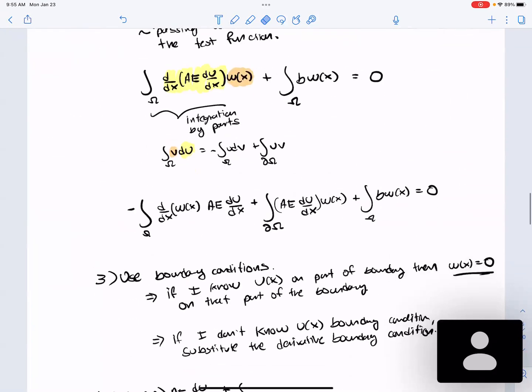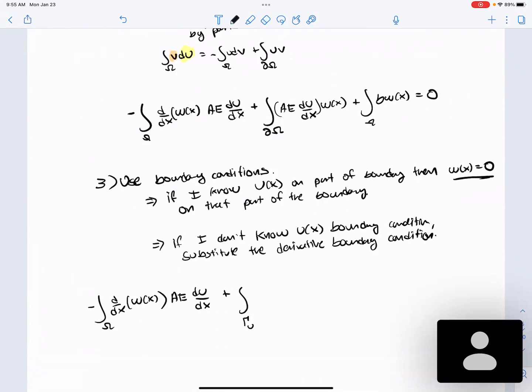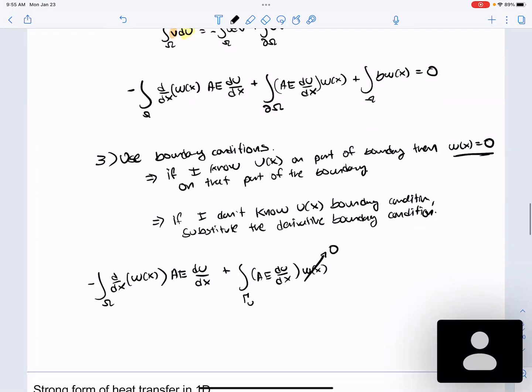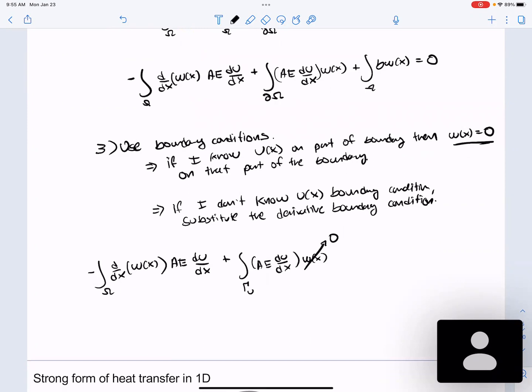All right, so going back to the integral, I have an integral over the boundary, and I'm gonna split it into two parts. I'm gonna integrate the part of the boundary where I know the displacement. And what I just said is that if I know the displacement, I'm gonna make this w of x be 0 in that part of the boundary. So I'm essentially gonna get rid of that integral. And then I have the other part of the integral, which is over the rest of the boundary, where I don't know the displacement, but I know the traction.